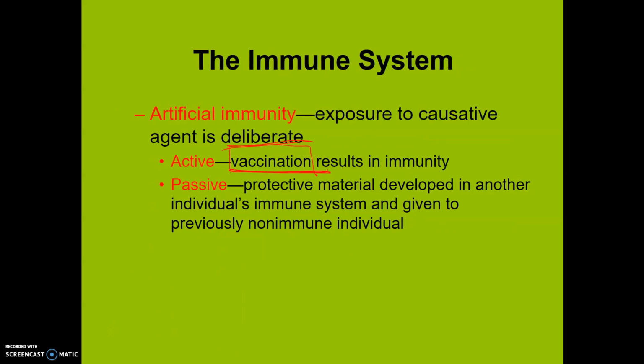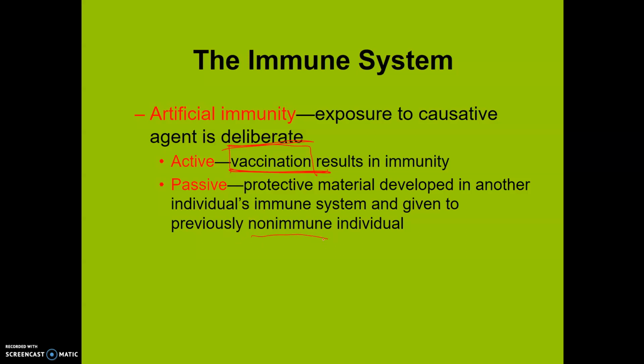Let's go back one more slide. Now, what about, for example, passive artificial immunity? Well, this is a situation where, unlike when we're being vaccinated against something in the environment, somehow material from another individual's immune system gets into the non-immune individual.